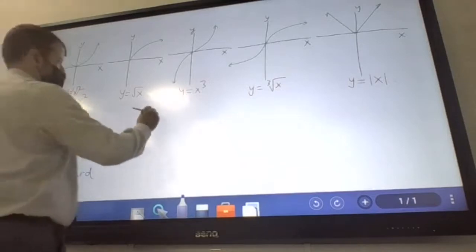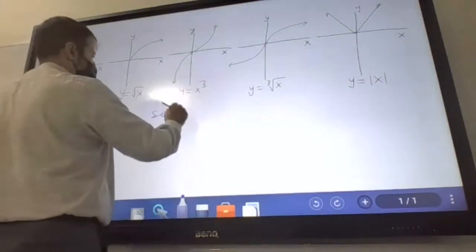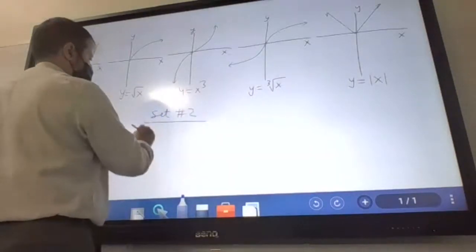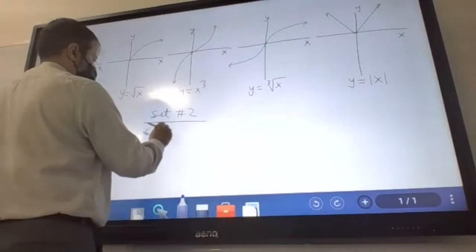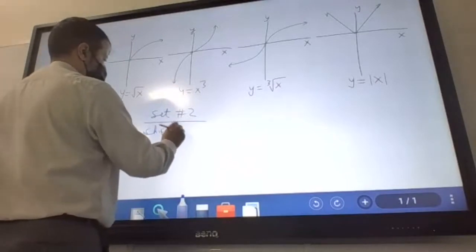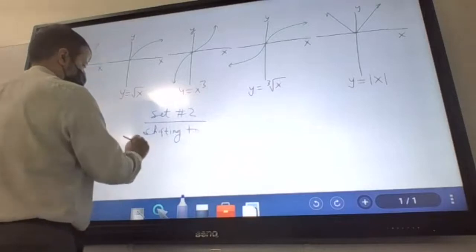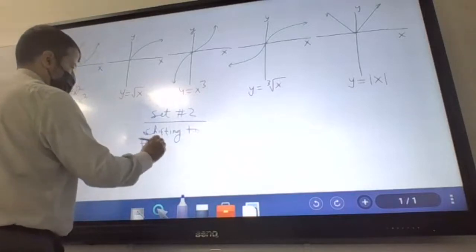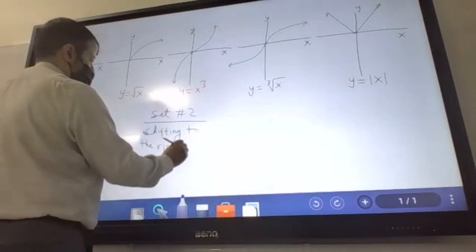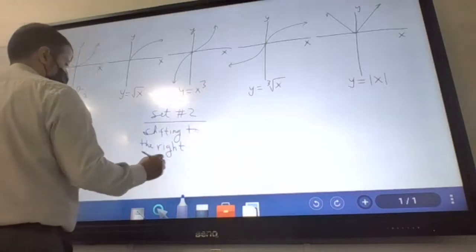Step number two, shifting to the right and to the left.